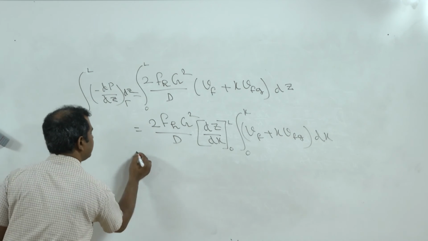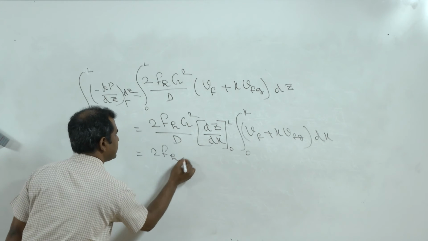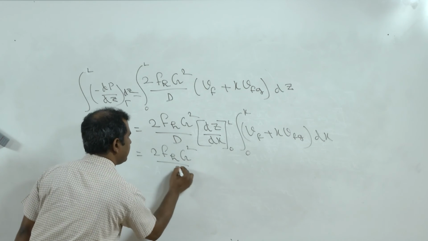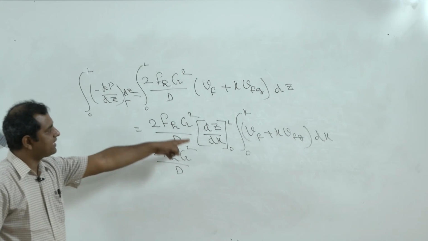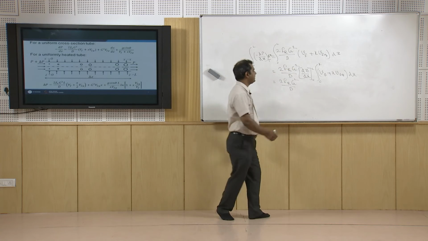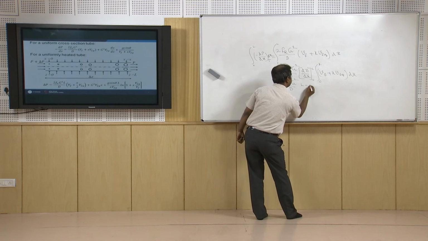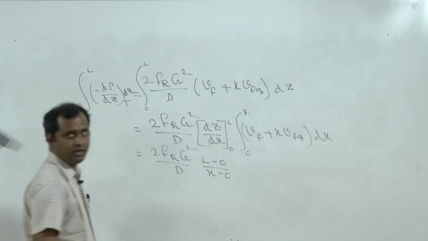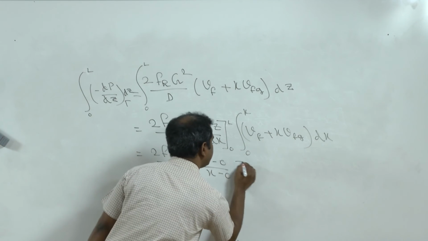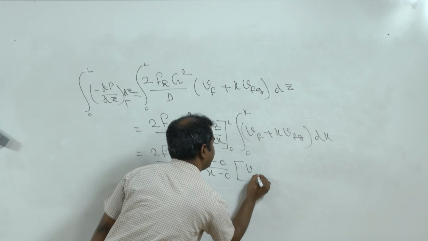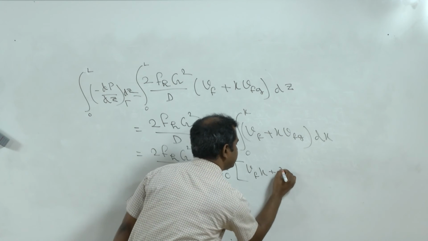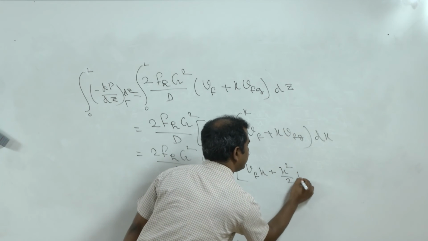So, if we integrate, this will be 2 Fh G square by d, and here dz by dx from 0 to L, I can write L minus 0 by x minus 0. So, L by x, and here this will become Vf x plus x square by 2 into Vfg.